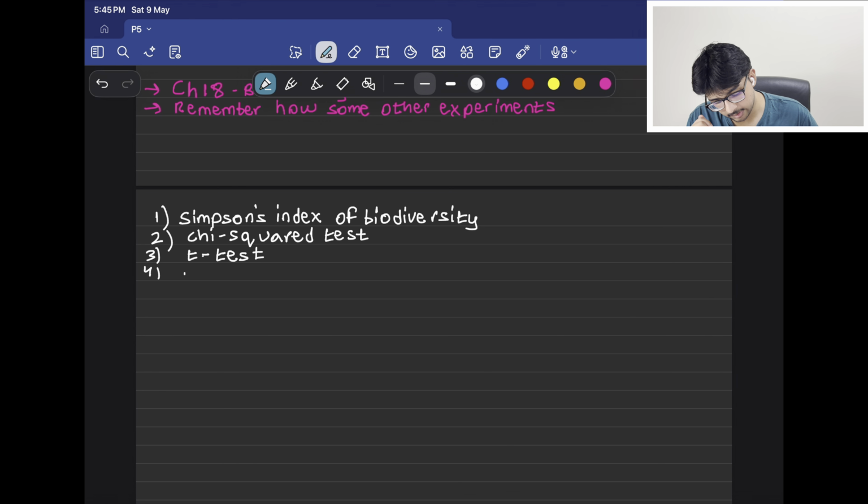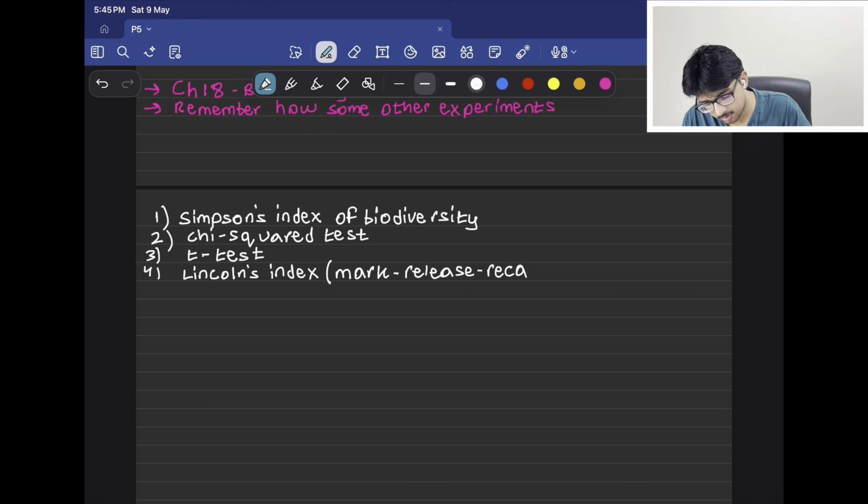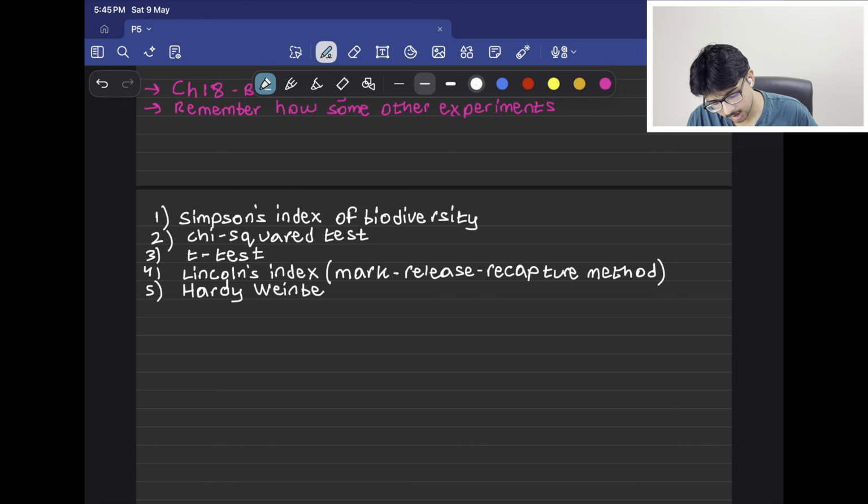Number four being the Lincoln's Index, which some students recognize as the mark release recapture method. So let me write that too in the bracket. Mark release and recapture method. Okay. And then there is a number five as well, which is the Hardy-Weinberg equation. Then number six, this is Pearson's linear correlation coefficient.